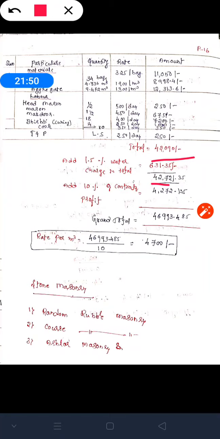For this amount again we add 10% contractor profit, which is around 4,272.135. After adding these two values, the grand total is 46,993.485. This is for 10 meter cube. Therefore, for per meter cube we require around 4,700 rupees.